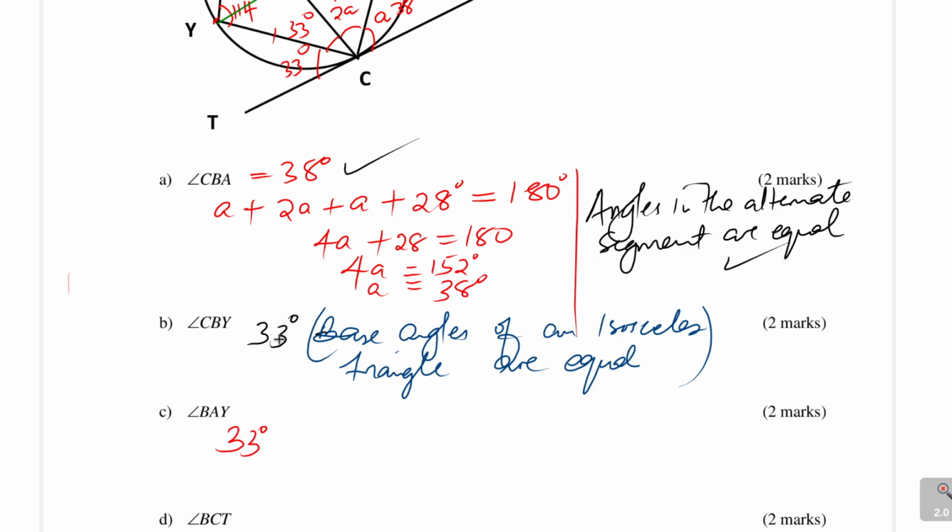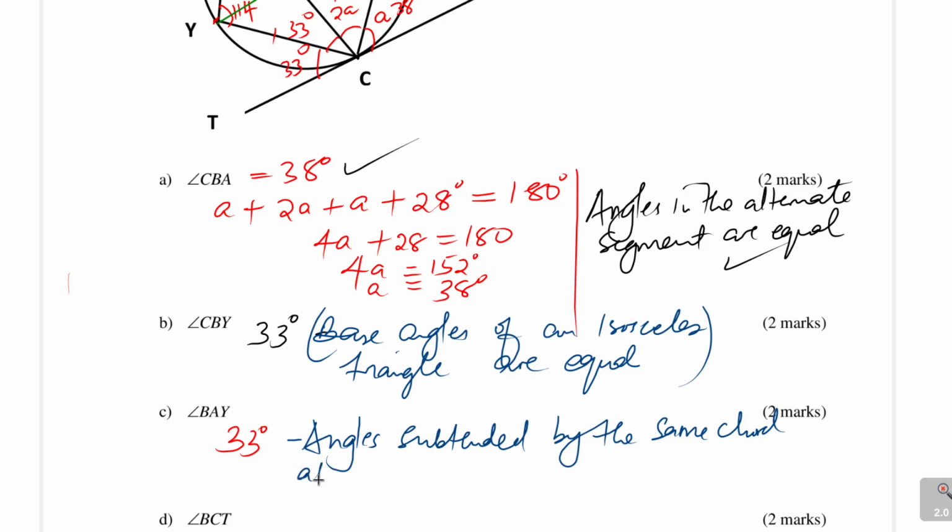So the reason that you have given: angles subtended by the same chord at the circumference are equal. Then the other one is BCT.